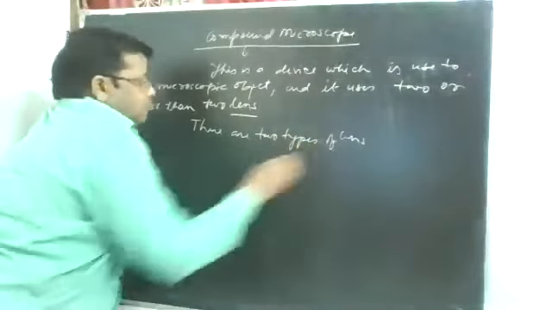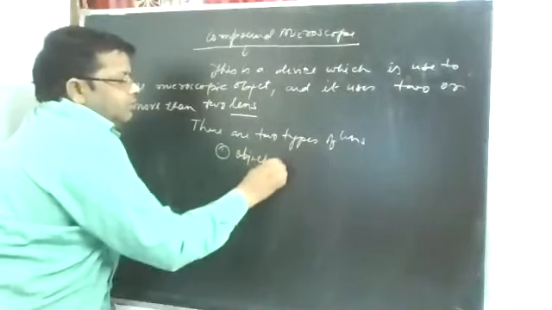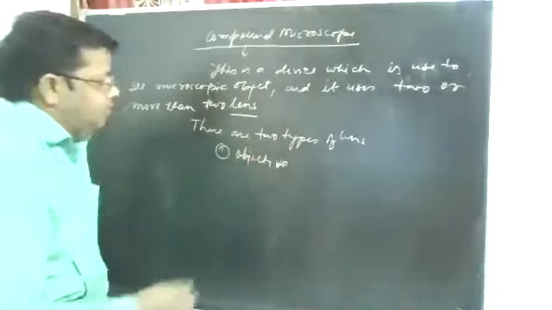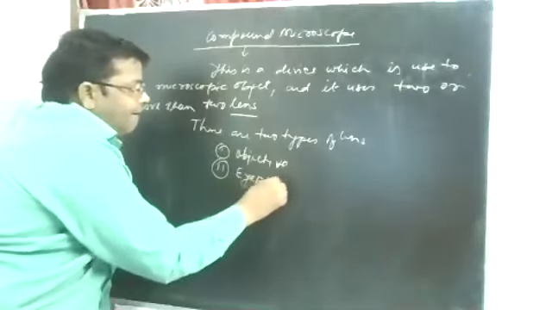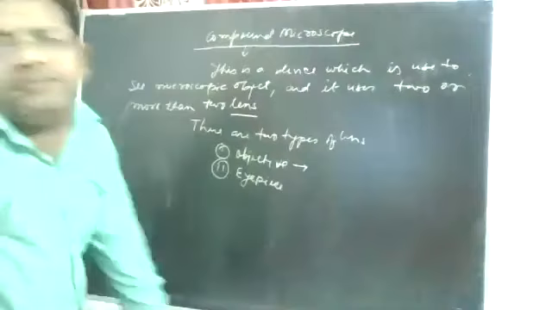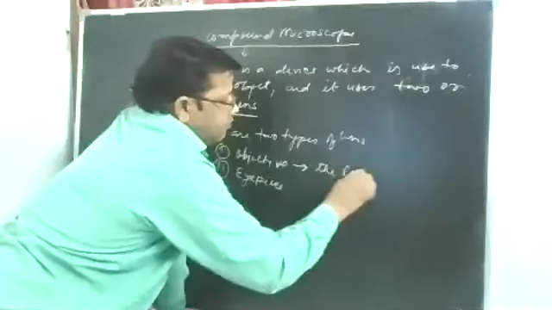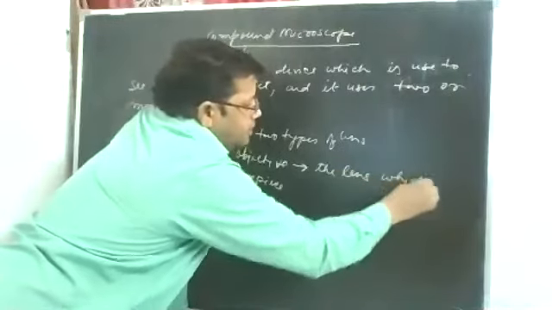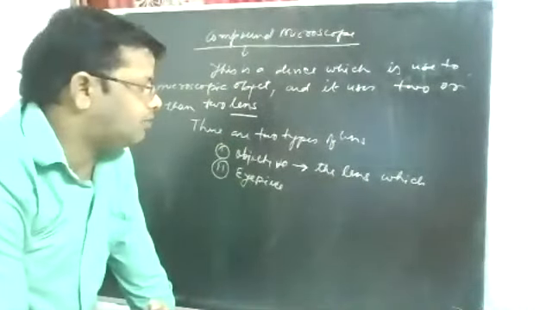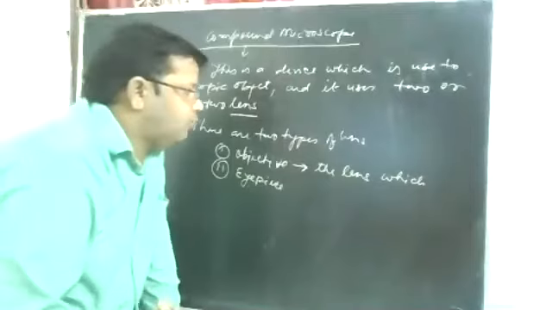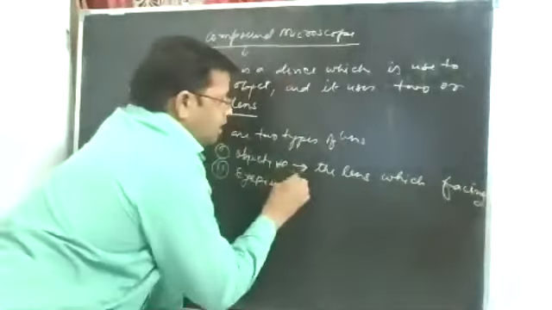The first one is the objective lens, and the second one is the eyepiece. The lens which is facing the object, this lens is kept just in front of the object whose image has to be made. So the lens which is facing the object is called the objective lens.